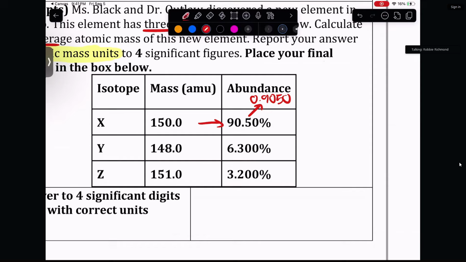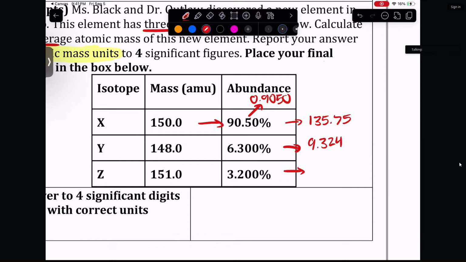So 150 times 0.905, I got 135.75. Then for this one, this would be 0.063, so 148 times 0.063, I got 9.324.